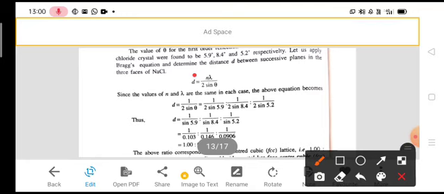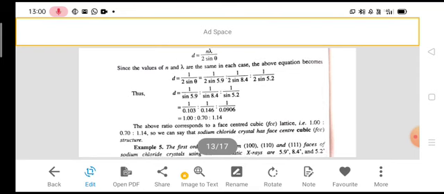So for three faces, we apply this equation: 1 by 2 sin 5.9 degrees, 1 by 2 sin 8.4 degrees and 1 by 2 sin 5.2 degrees. By simplification, d is 1 by sin 5.9 degrees : 1 by sin 8.4 degrees : 1 by sin 5.2 degrees.